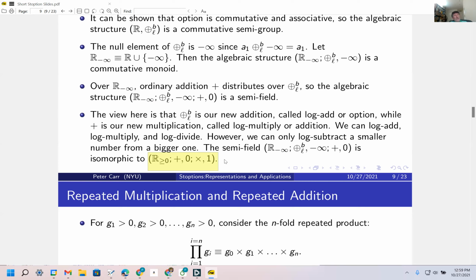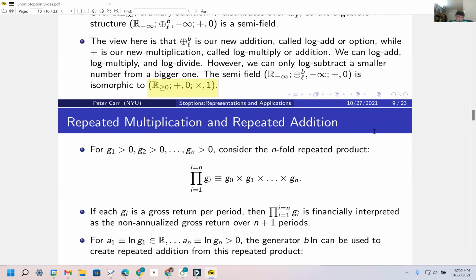We might say, for example, that if the assets are 3 and the debt is 2, the owner's equity is 1. But what we never wish to consider is when the assets are 2 and the debt is 3, and then say that therefore 2 minus 3 is minus 1, because we're leaving the set of non-negative reals. So we unwittingly find ourselves in this algebraic structure all the time in finance.